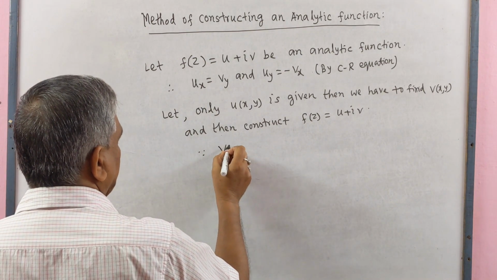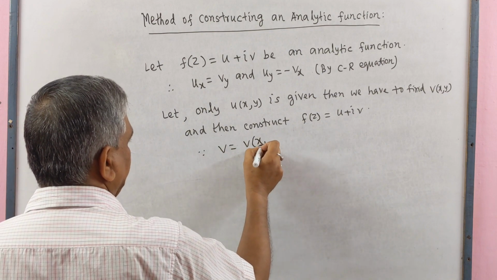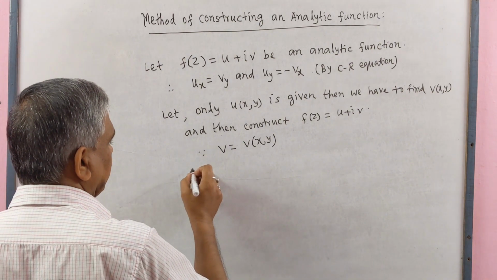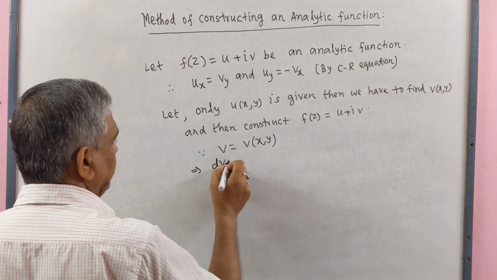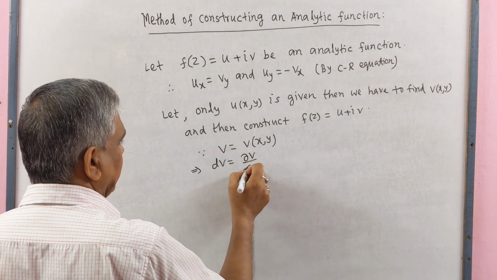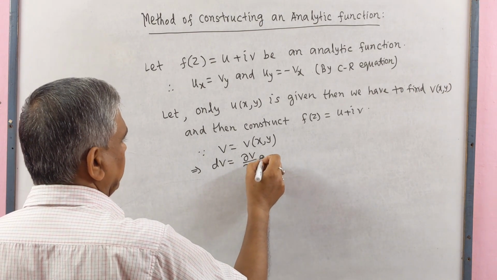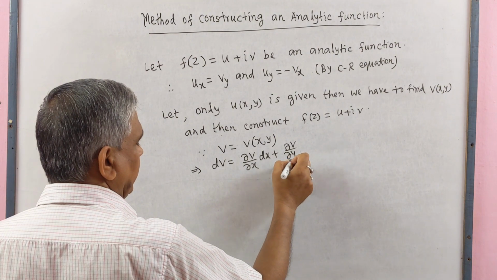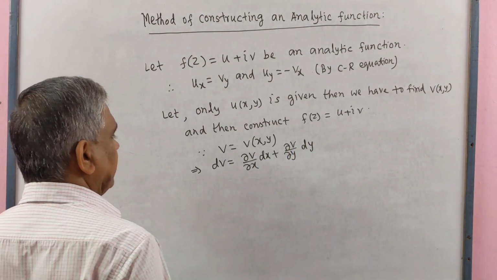Since v is a function of x and y, it implies that dv = ∂v/∂x dx + ∂v/∂y dy.